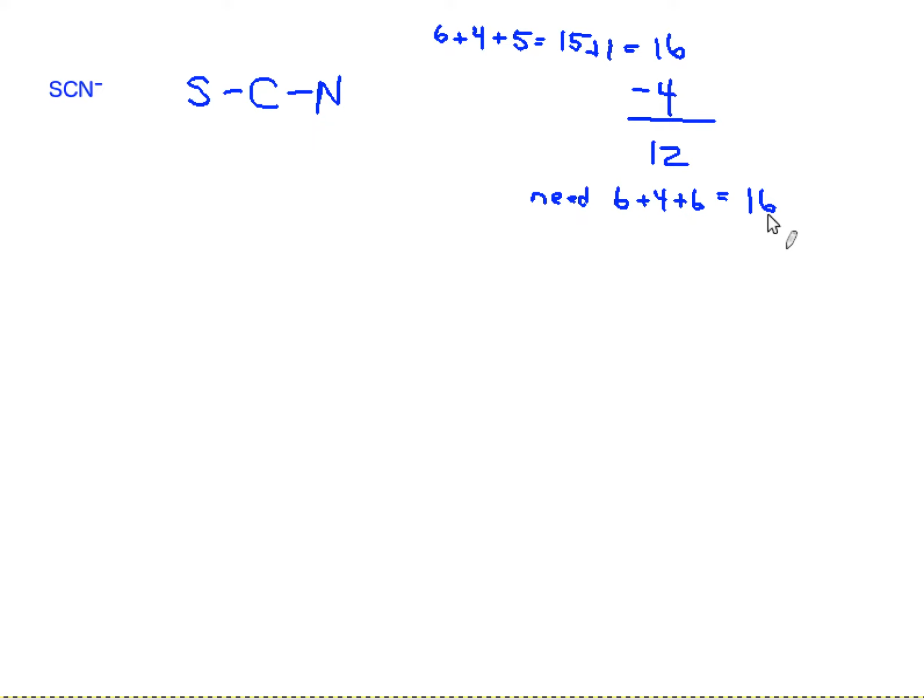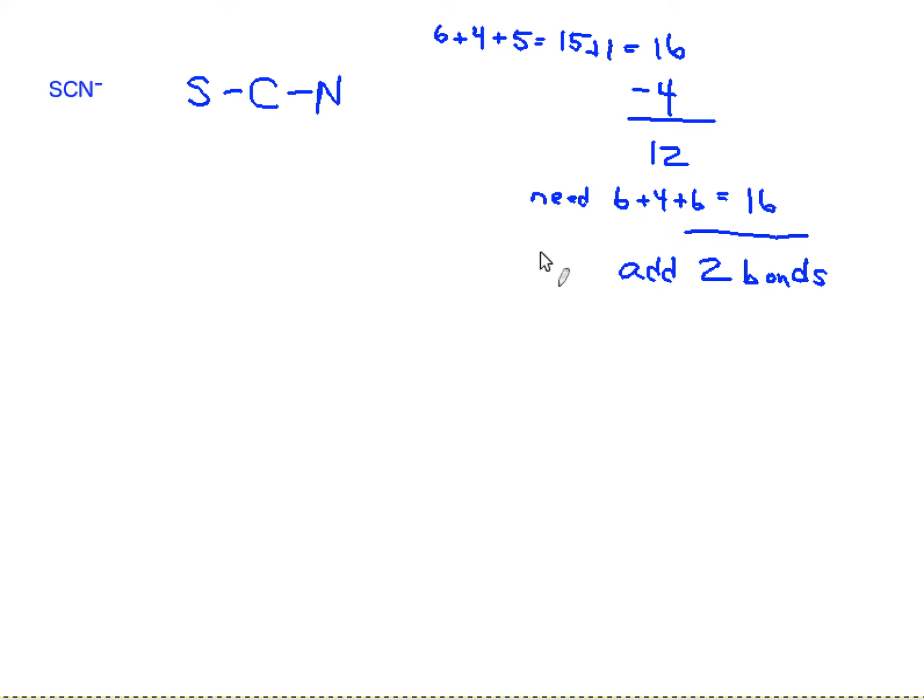Now at this point I look and I would need 16 to give everybody their own electrons. I don't have 16, I only have 12, so these atoms are going to have to share. And for every 2 electrons that I'm lacking, I'm going to need an extra bond. Since I'm lacking 4 electrons, I'm going to add 2 more bonds.